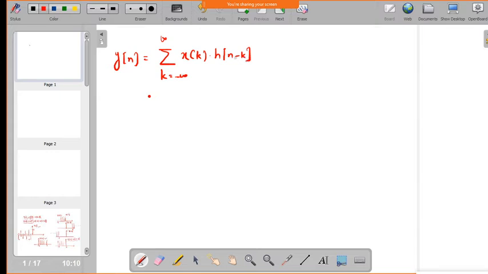Now you need to plot what h of n minus k is. h of n minus k will be the reflected version of your h of n, up to the 7 samples, that is minus 7.